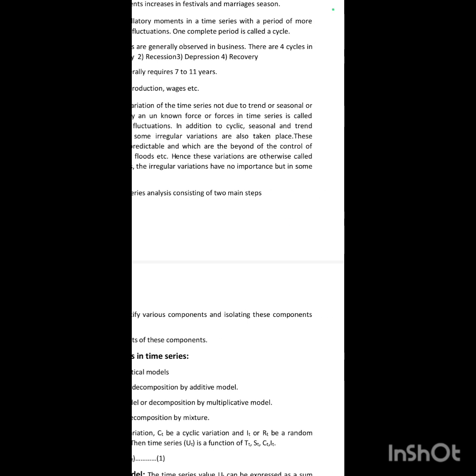So here, what are the components, the factors which may influence our time series data? This plays a very important role. The variation of the time series not due to trend or seasonal or cyclic fluctuations, but affected by unknown forces in a time series, is called irregular or random fluctuations.